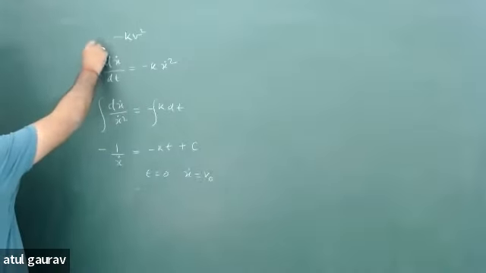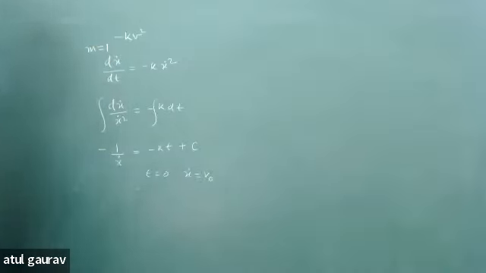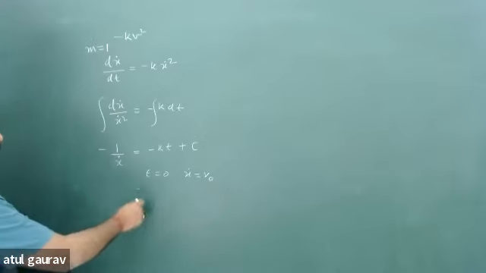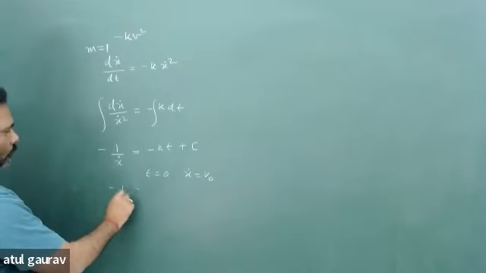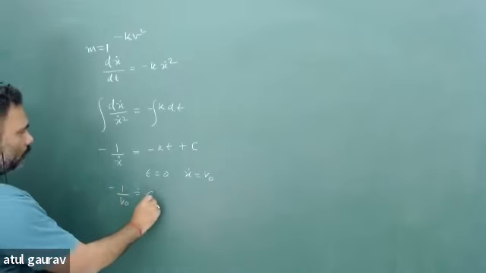Okay, deliberately I am taking m is equal to 1. Don't worry, because that is constant, so you can take that constant as 1. So what is the value of C? क्या आ रहा है C की value? The value of C is equal to minus 1 upon V naught.